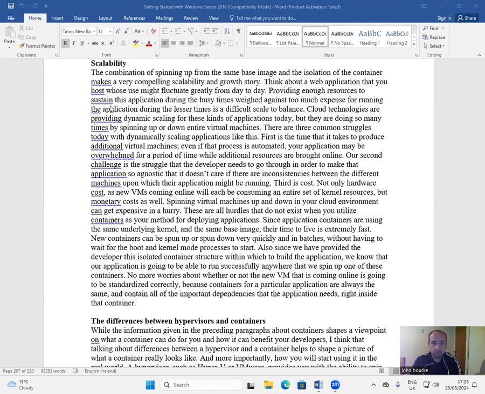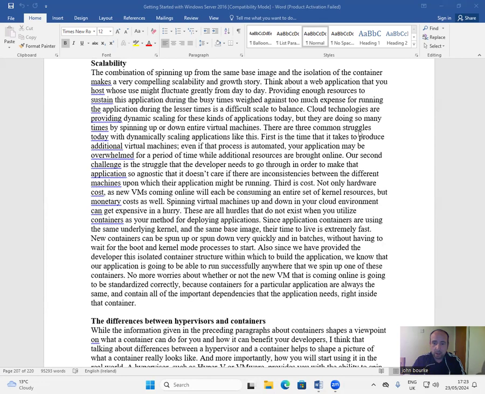Providing enough resources to sustain the application during the busy times, weighed against too much expense for running the application during the lesser times, is a difficult scale to balance. Cloud technologies are providing dynamic scaling for these kinds of applications today, but they are doing so many times by spinning up or down virtual machines.